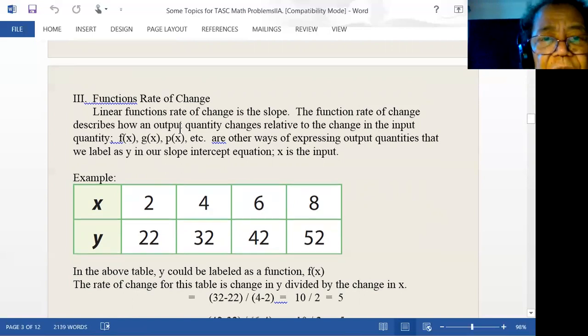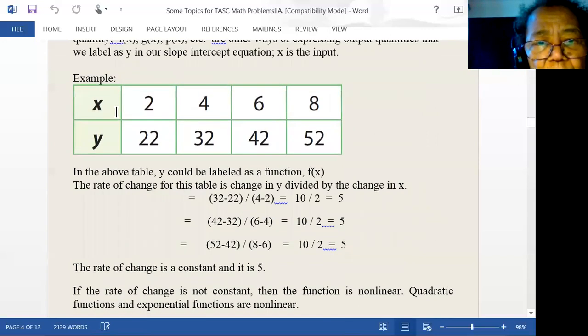Now, if we want to find the rate of change, we take the difference of y divided by the difference in x. So the first one is 32 minus 22 divided by 4 minus 2. That's what you see here. That gives you 10 over 2, that's 5.